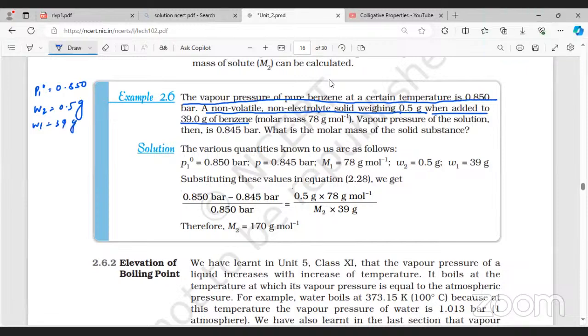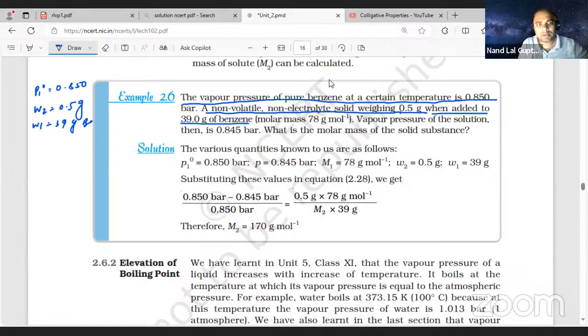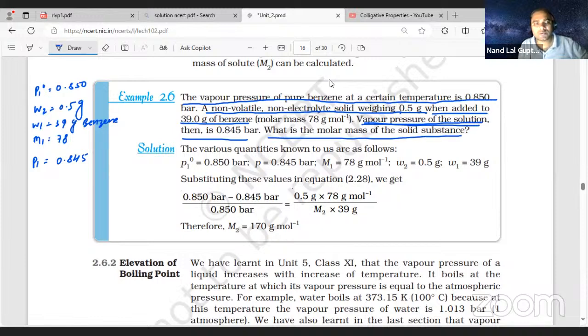This is the benzene, molar mass 78, so M1 is equal to 78. The vapor pressure of solution is 0.845 bar, so P1 is 0.845. What is the molar mass of the solid substance? So they are asking M2.